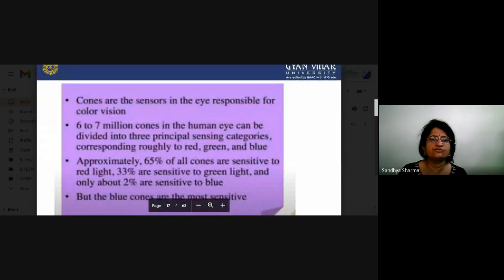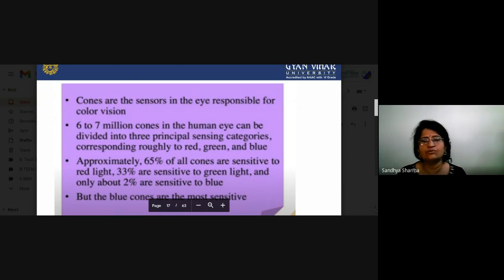Now here we have assumed the cones. So what are cones? Cones are the sensors in the eye responsible for color vision. In our eyes there are sensors called cones, and they sense color vision. There are 6 to 7 million cones in the human eye, which can be divided into three principal sensory categories, that is red, green and blue.